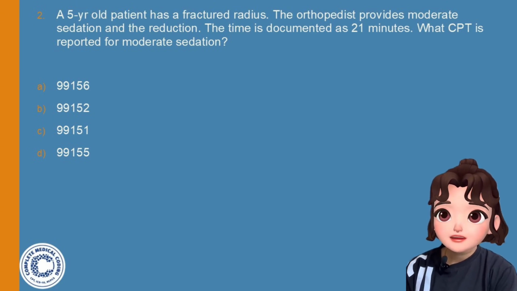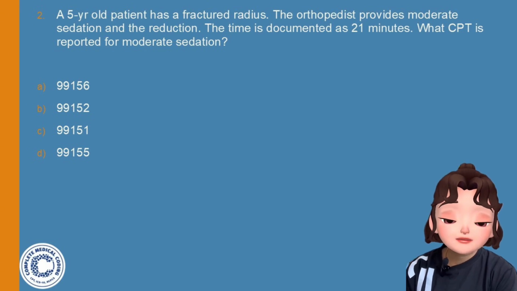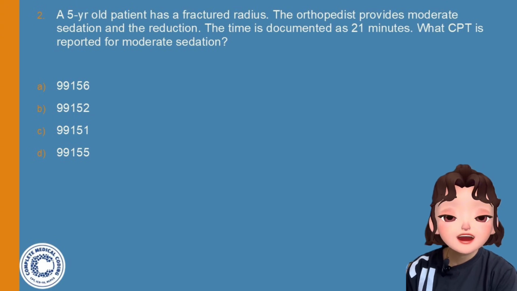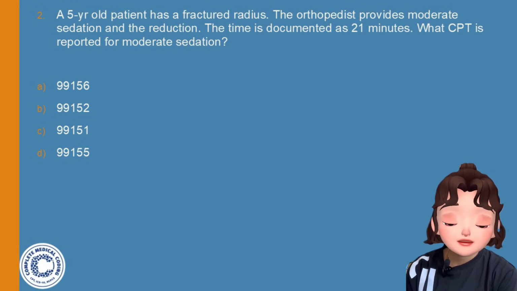Okay. So in CPT codes 99151 and 99152, in that description, it was mentioned requiring the presence of an independent trained observer. If in the question it's mentioned like that, then you have to code those codes, either 99151 or 99152.